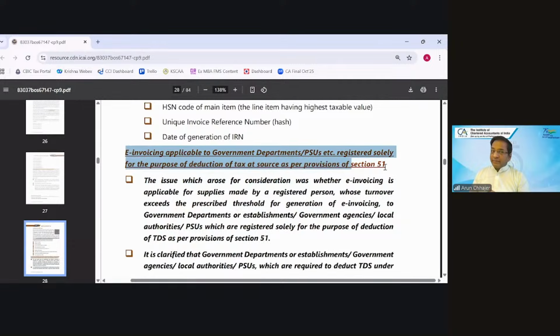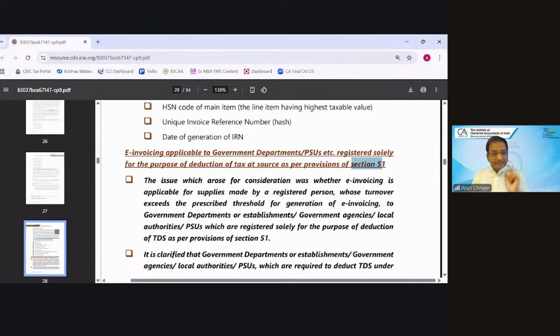Whether e-invoicing is applicable to a government department or PSU registered only for the purpose of deduction of tax as per the provision of section 51. The answer is yes. They are saying that if I have made a supply to the government which is registered only for the purpose of TDS, but it is registered in GST, then it is called a registered person.